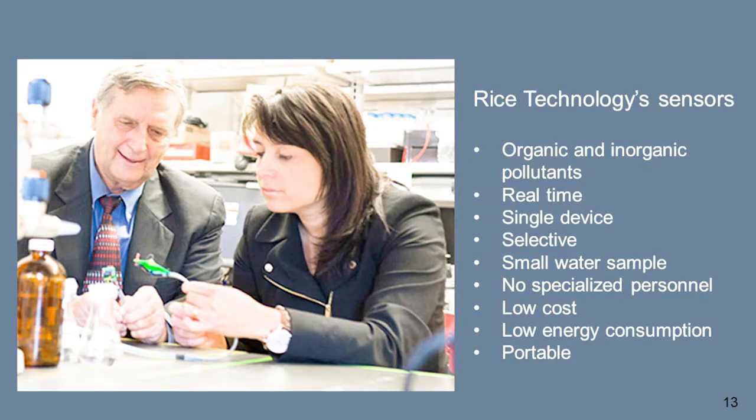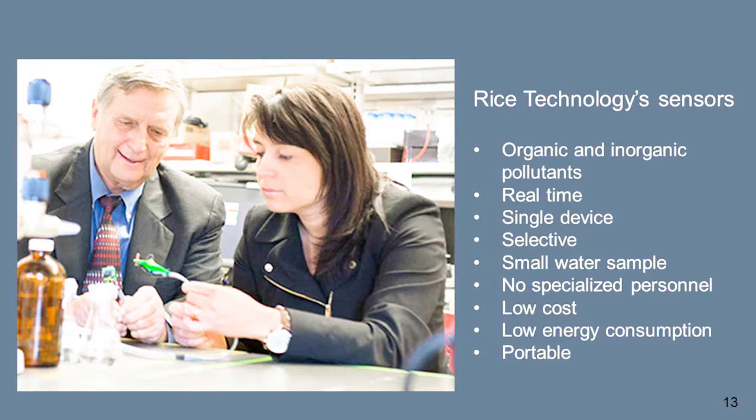Unlike the other sensors, the rice sensor has the capability of detecting organic compounds such as bacteria and viruses, and inorganic compounds such as phosphorus, ammonia, and salts. It works in real time. It's a single device. It's very selective and sensitive.